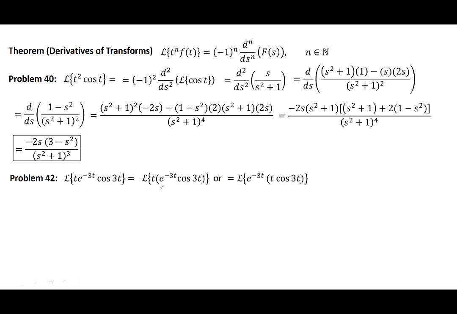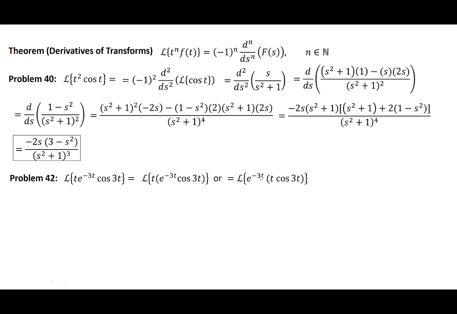Well, if we were to do this, we need to figure out Laplace of e to the negative 3t cosine 3t first, which is not very difficult, but yeah, it's good. And then take the derivative of it. So we would be taking the derivative of something that is a tad more complex, right? On the other hand, here what should we do? Oh, we will have to apply a shift, s shifted by s plus 3.